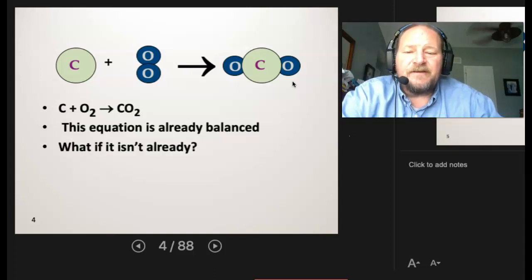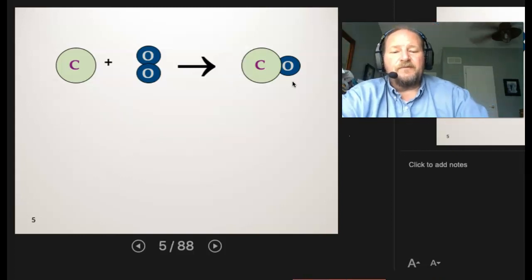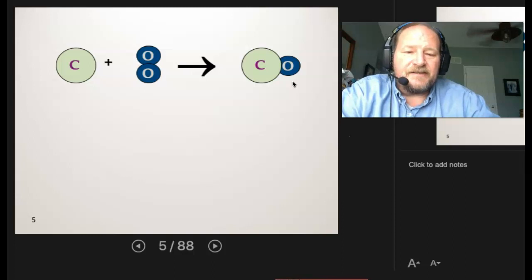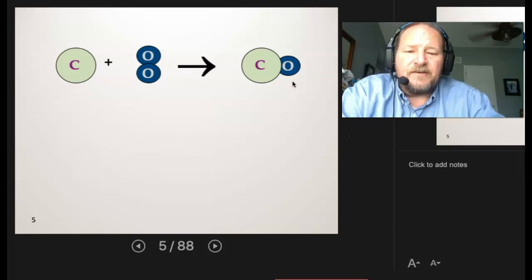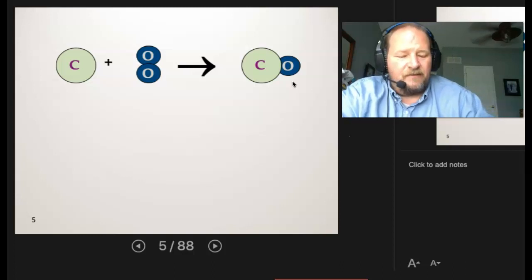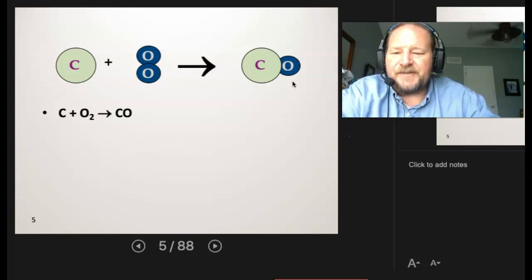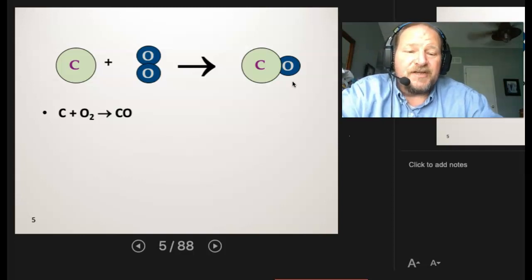Now what if it's not already? So carbon can react with oxygen to form not only CO2, but CO. So just like when you burn gasoline in your vehicle, you can make CO2, but you also make carbon monoxide. And so now our formula would be C plus O2 goes to CO. Now here we can see we have 1 carbon in the beginning, 1 carbon in the end, 2 oxygens in the beginning, but only 1 oxygen in the end.